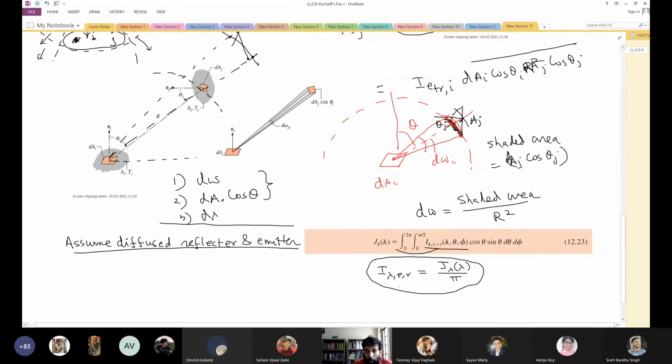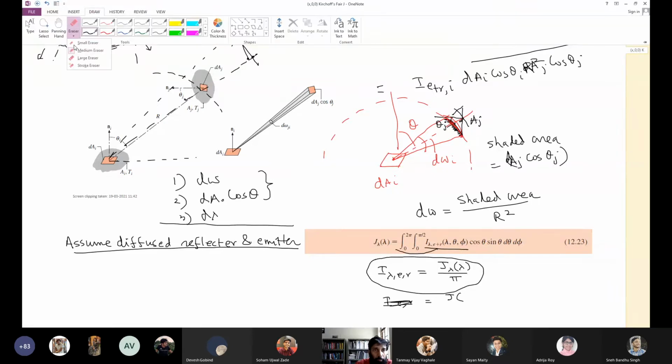So we can also write that I_e+r equals J over pi. Let us not go into that, keep it here.